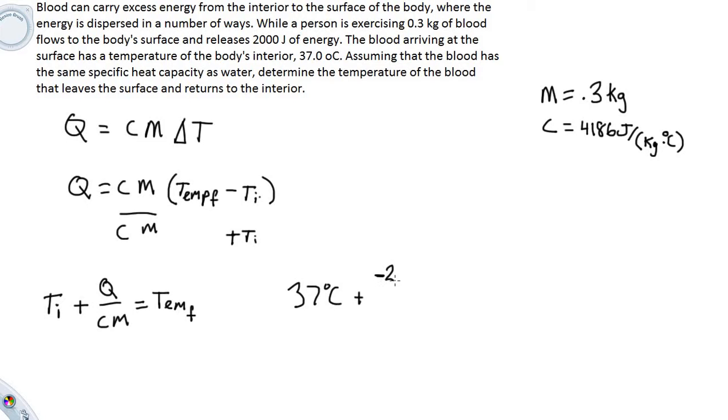So minus 2,000 joules divided by the specific heat, which in the question it says assume that blood has the same specific heat capacity as water, and that is given as 4,186. And we are going to times it by the mass of the blood flowing to the exterior of the body.